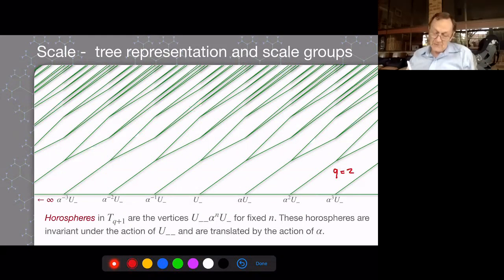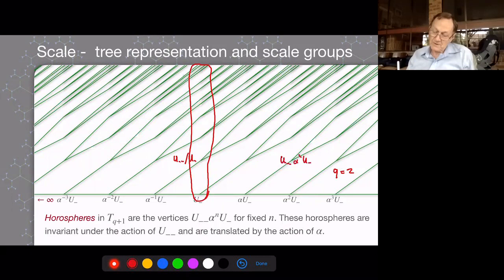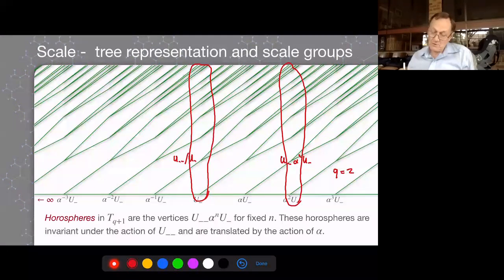And if we consider all of the cosets of the form, say, U double minus mod U minus, these are all cosets here above U minus, and all the cosets of the form, say, U double minus alpha squared U minus, these are all above this vertex alpha squared, this coset alpha squared U minus. So these are the vertices of the tree seen as cosets of the group over U minus.